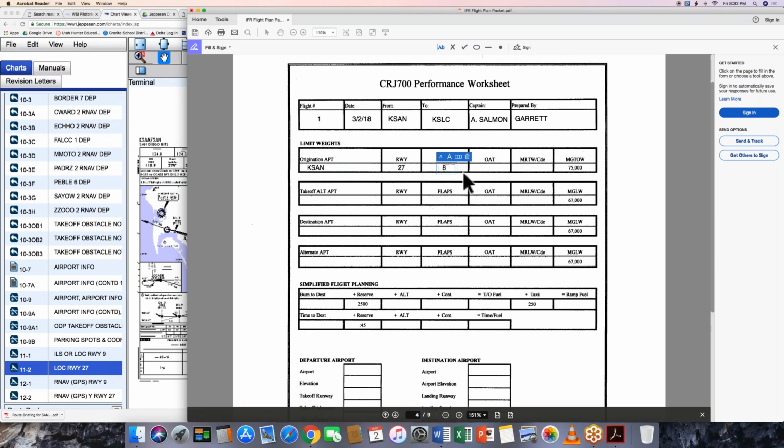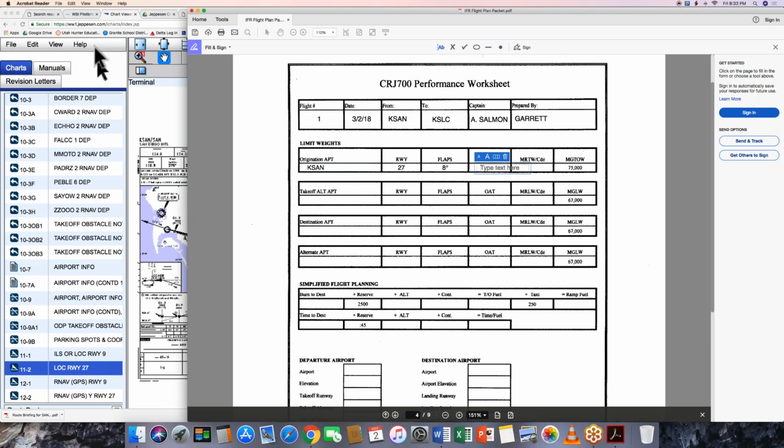You got to use the one up top. Yay! There's much rejoicing.